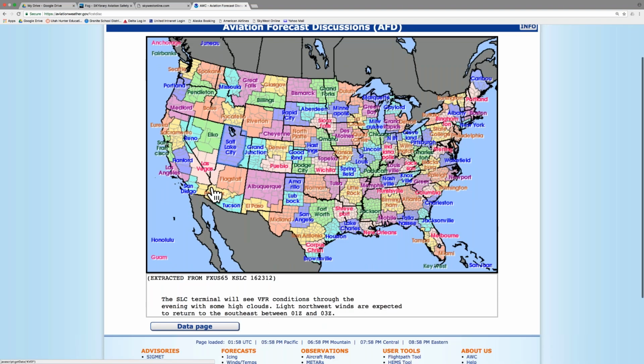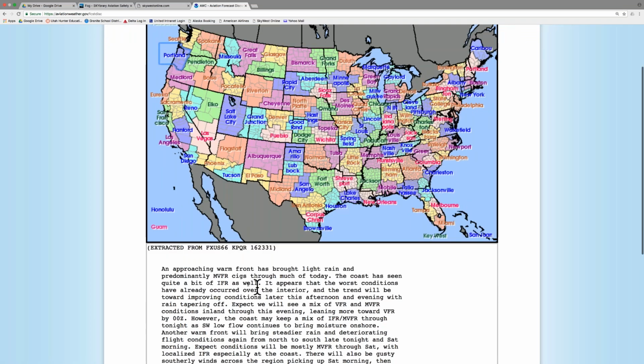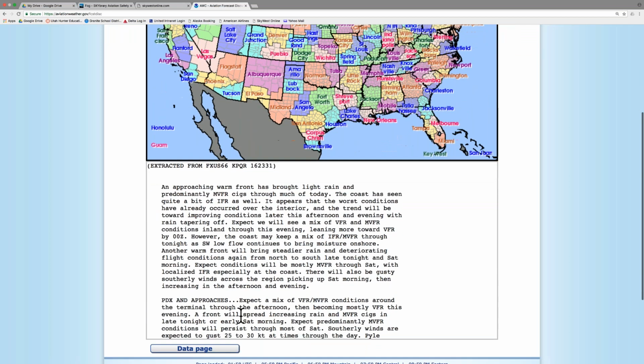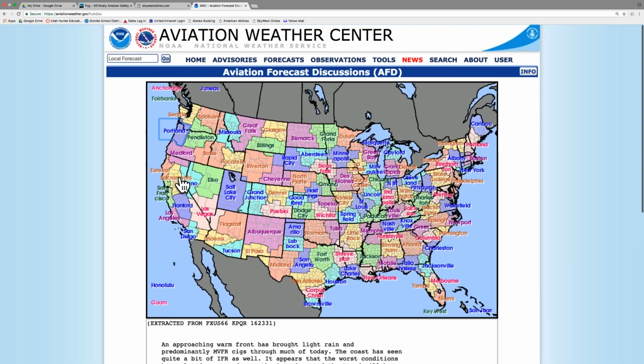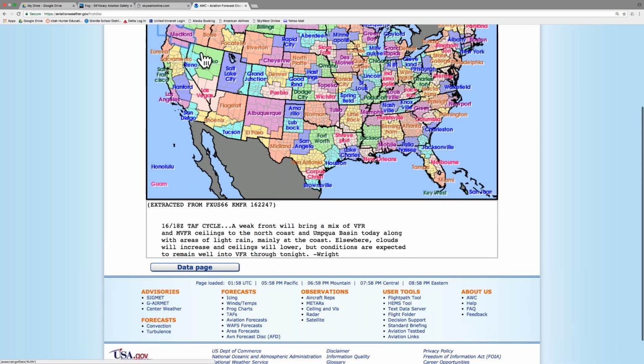Right. Yeah, and you can look through any of these different areas, and they'll tell you, you know, let's see if we can find something. Yeah, I'm just looking for something that says little confidence in the TAF.